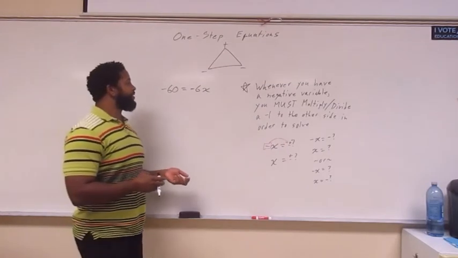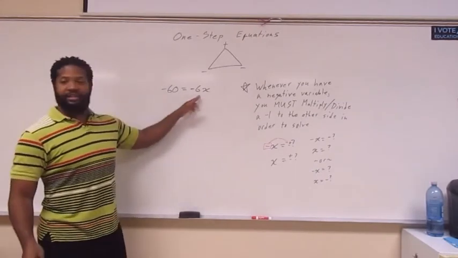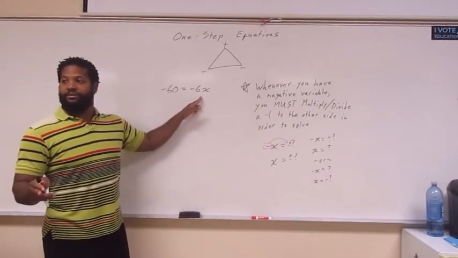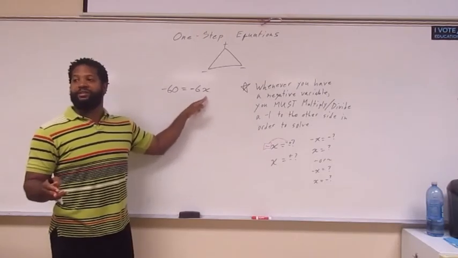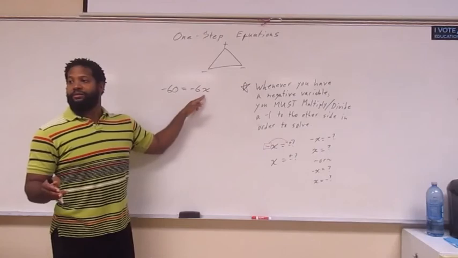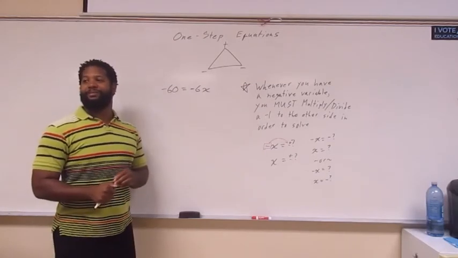Because it's multiplying it. Long story short, what's going on between the x and the negative 6? What's happening between the negative 6 and the x? Look at your notes.